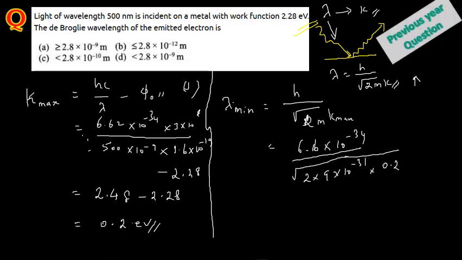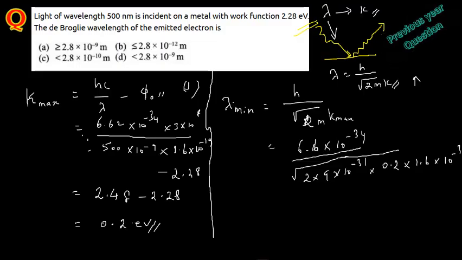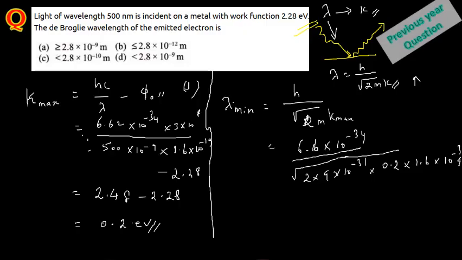So for electron volt, you have to mention again 1.6 into 10 power minus 19. You need to convert everything.